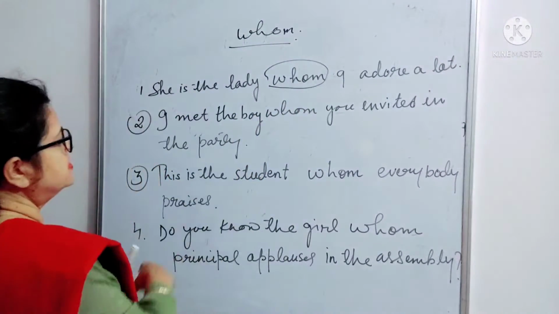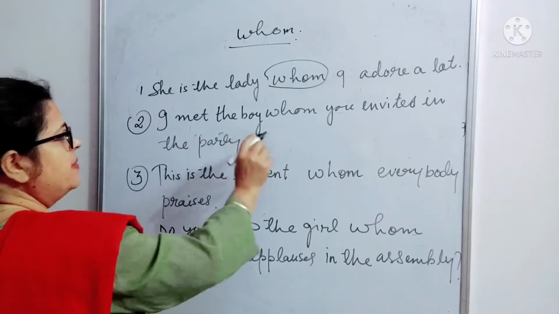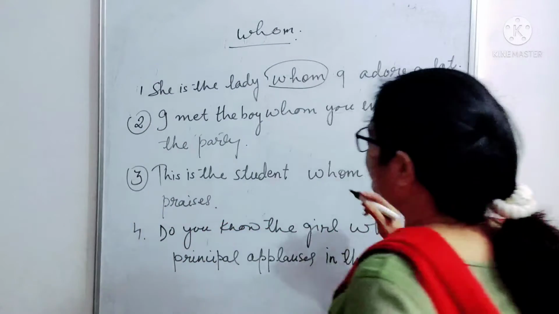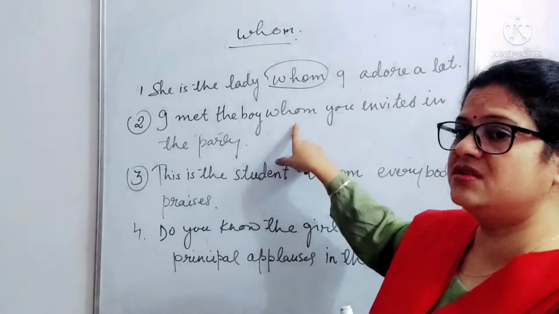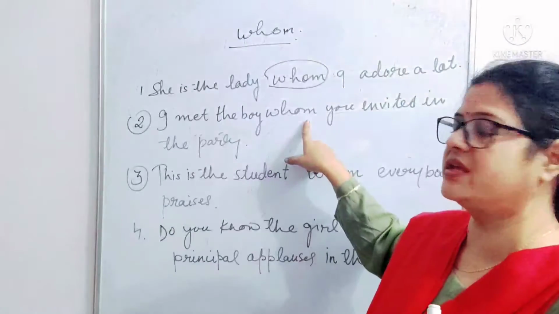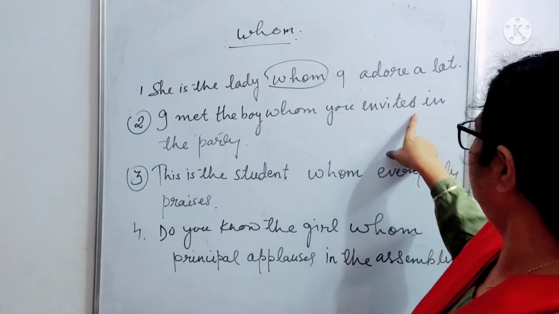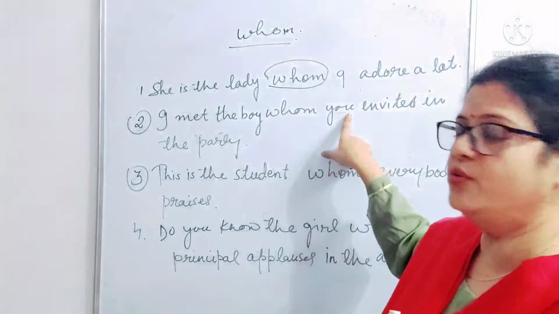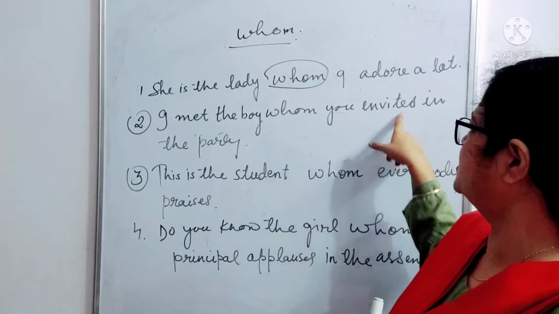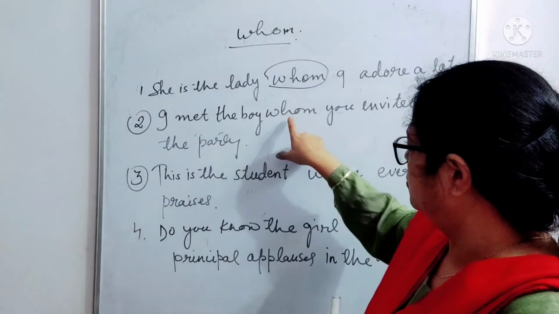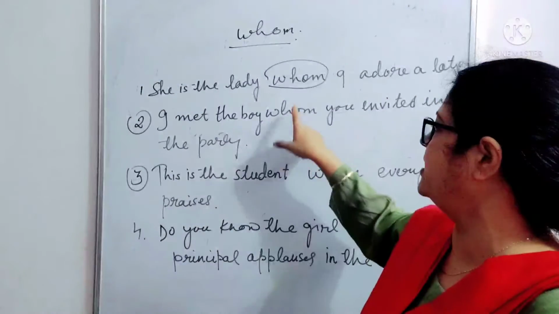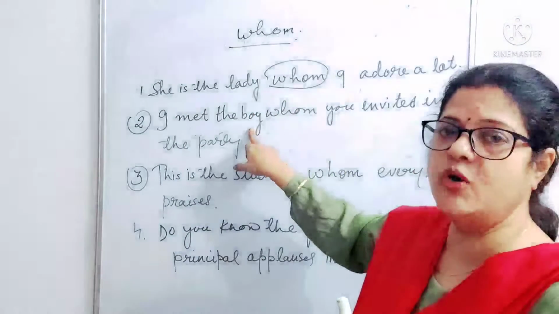In the next sentence we see, I met the boy whom you invited in the party. So here this boy is not doing anything. It is done by you. You is the subject. You invited whom? This boy. Okay. So remember that this relative pronoun whom is replaced for this noun boy.